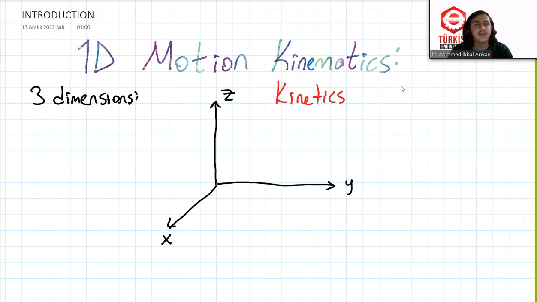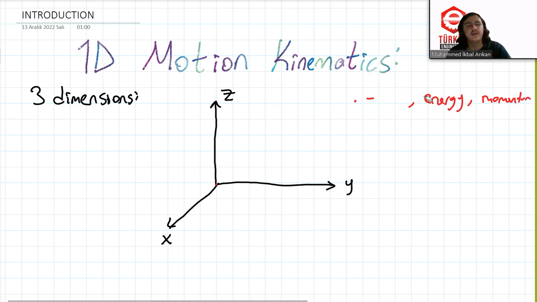In kinematics, we are only interested in motion, and we are not interested in the causes of the motion. But in kinetics, we will study forces, energy, and momentum, right? But in this part, just erase them. So we will not study forces, energy, momentum, etc.